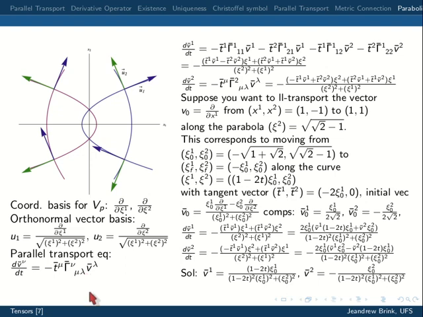Then you have a second order system that you can always prove is equivalent to the geodesic equations you've been working with. Okay, so a geodesic equation gives the unique paths that parallel transport themselves, the tangent vector along those paths. But I'll get back to that next time.